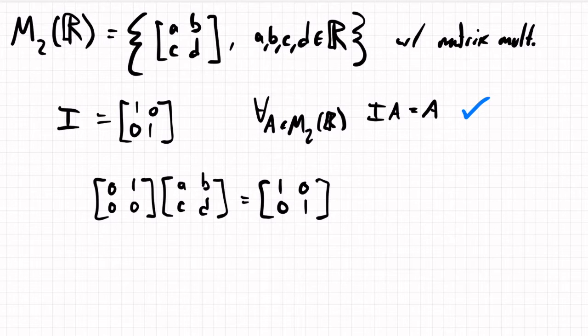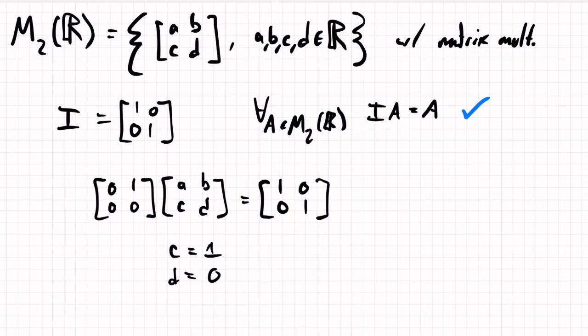And we can actually work out these equations. If I multiply this row by that column, I'll get A times 0 plus C equals 1. The bottom row gives me nothing. And then the top left component will be that D equals 0.